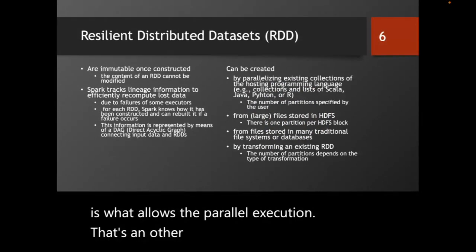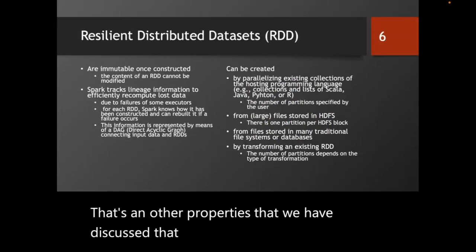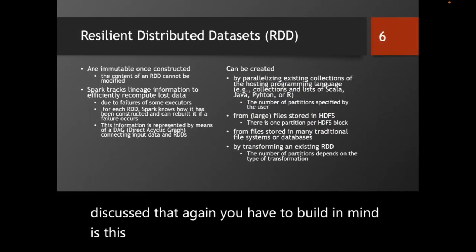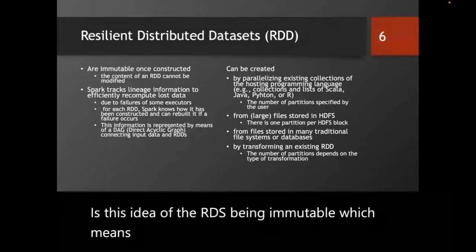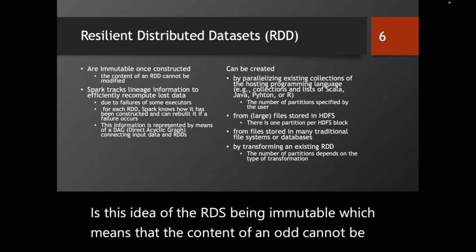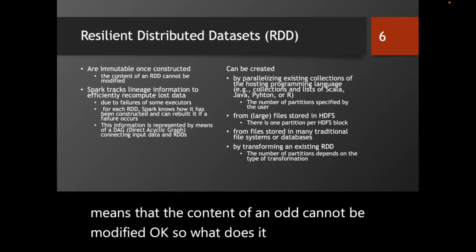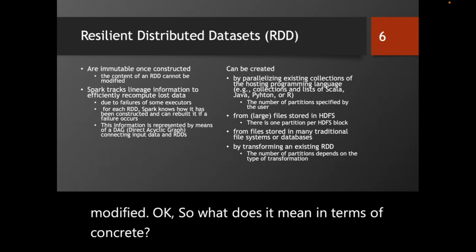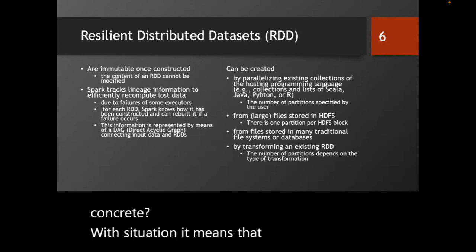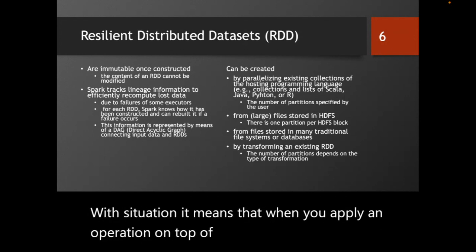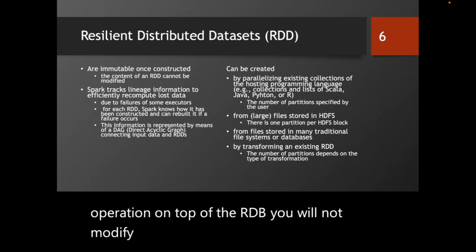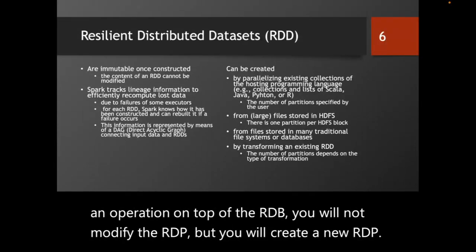Another property that we have discussed, that again you have to bear in mind, is this idea of the RDDs being immutable, which means that the content of an RDD cannot be modified. So what does it mean in a concrete situation? It means that when you apply an operation on top of the RDD, you will not modify the RDD, but you will create a new RDD.